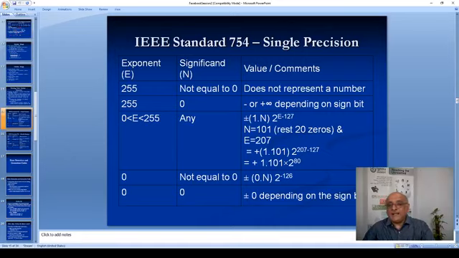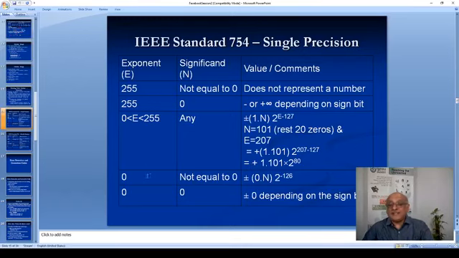Alright, and then what is going to be my mantissa? My mantissa is going to be 101 followed by 20 zeros because 1 is implicit, and my exponent is going to be 80 plus 127, which will give me 207. So you can convert the number both ways, right?